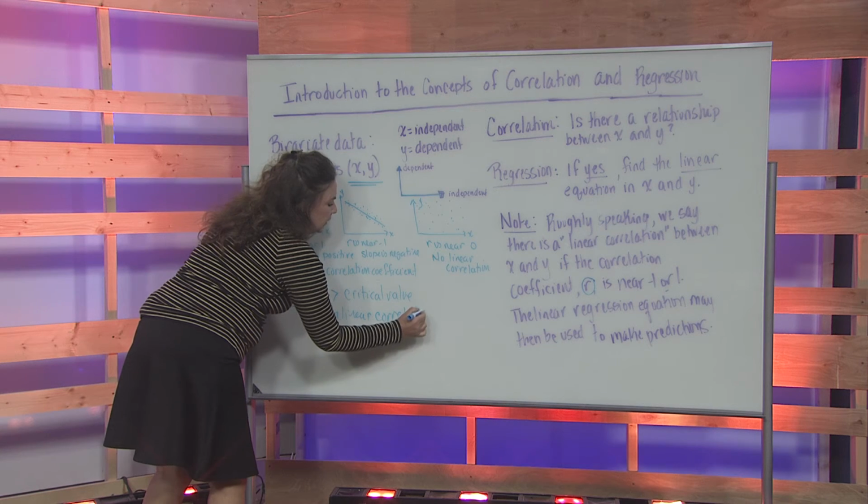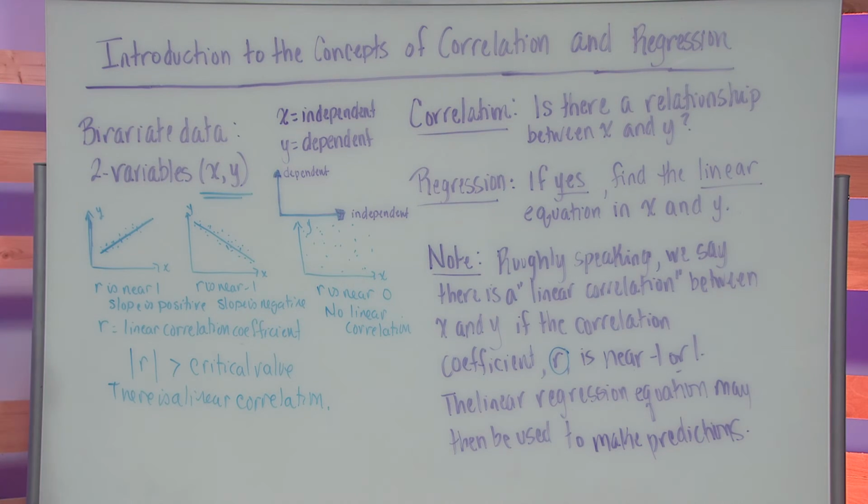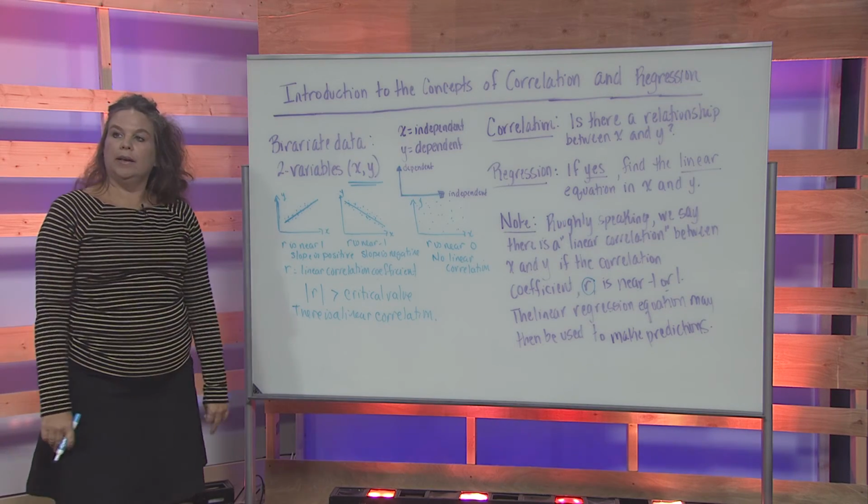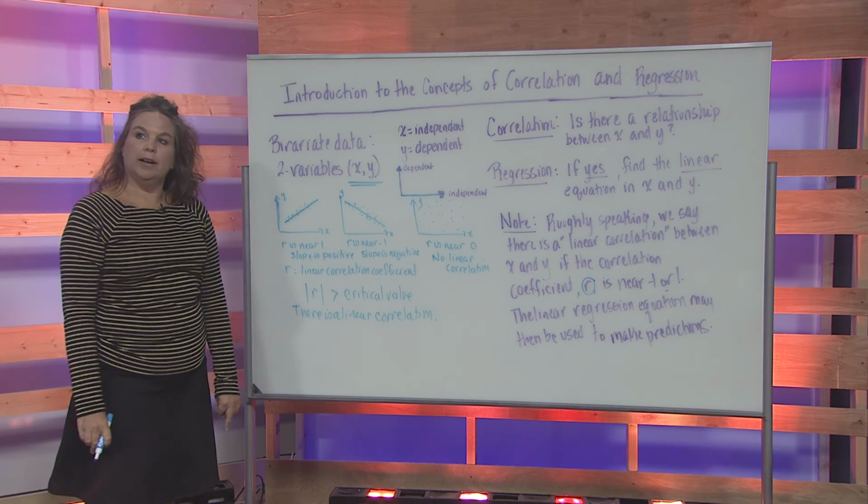And then if there is a linear correlation, we can find out what that linear regression equation is and use it to predict values of Y, again, for given values of X.